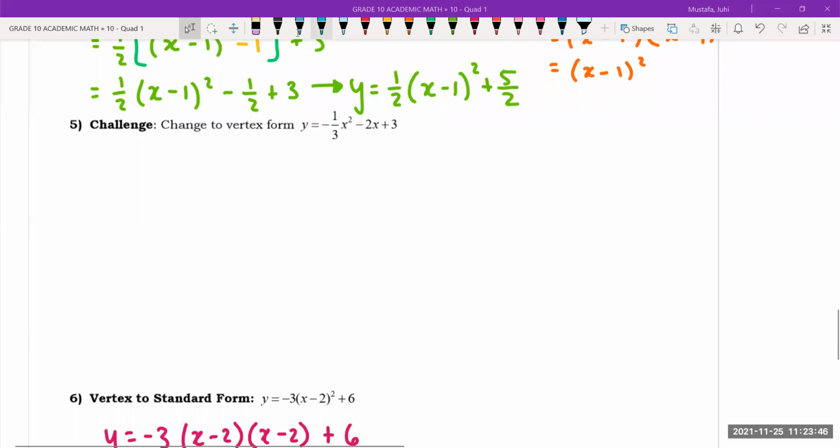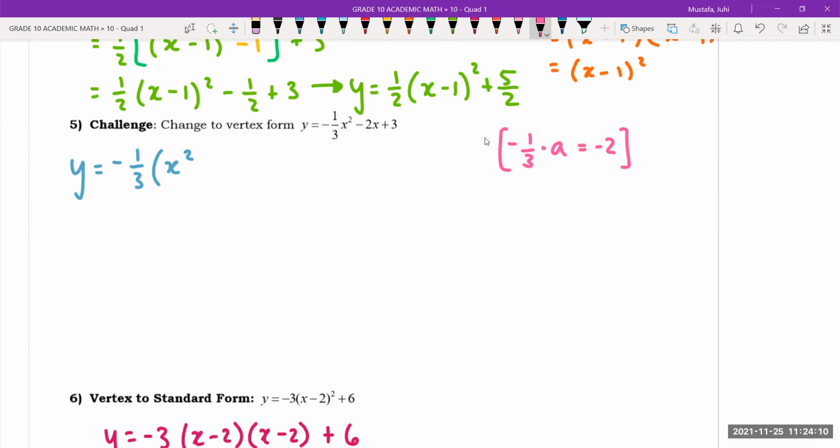Okay, so for this question, it's the same thing. So y is equal to, I guess I'll just go over to the side over here. So -1/3 times what number is going to give me a -2.